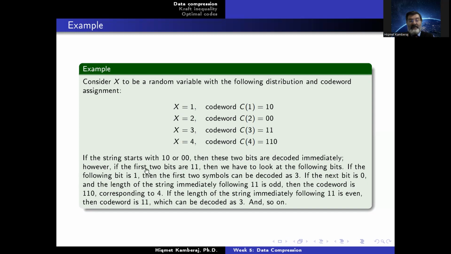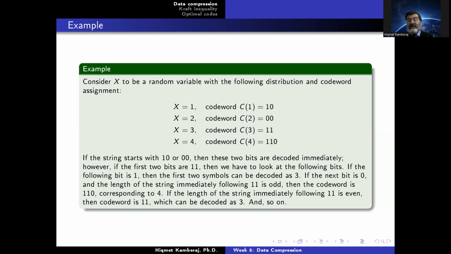However, if the first 2 bits are 1, 1, then there is a problem, because 1, 1 could be 3, but it depends on the next bit. If the next bit is 0, then this could equally be 4. Now, if the following bit is 1, then the first 2 symbols can be decoded as 3.